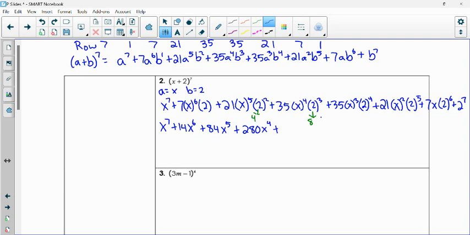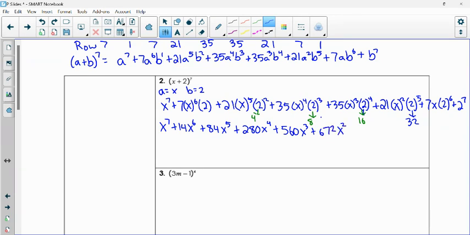Add to that, 2 to the fourth is 16. 16 times 35, 560. X to the third. 2 to the fifth is 32. 32 times 21, 672.